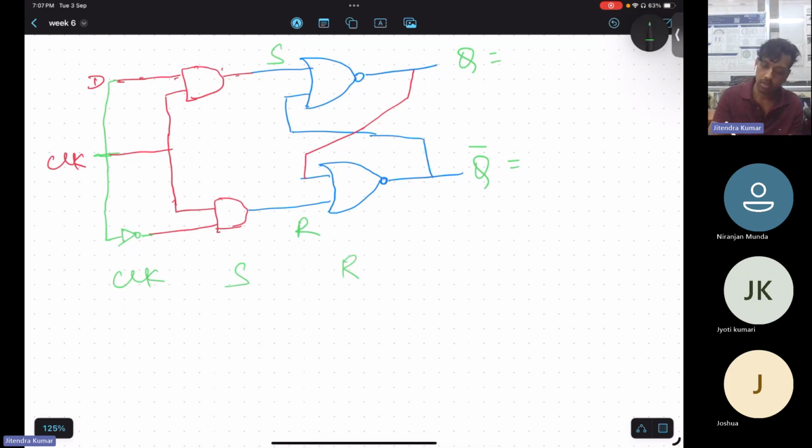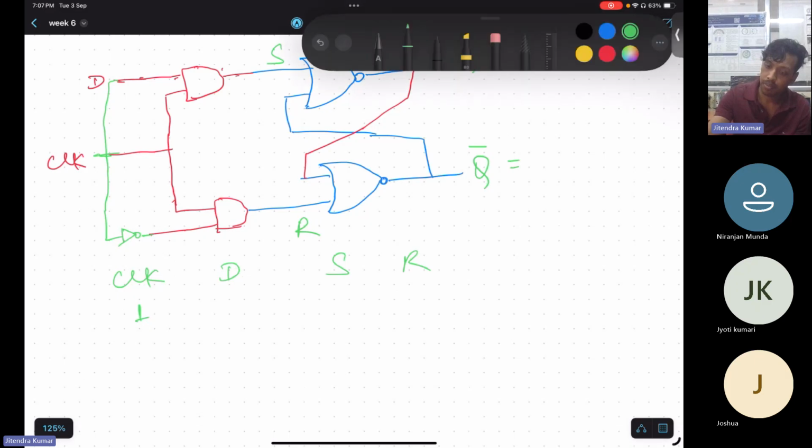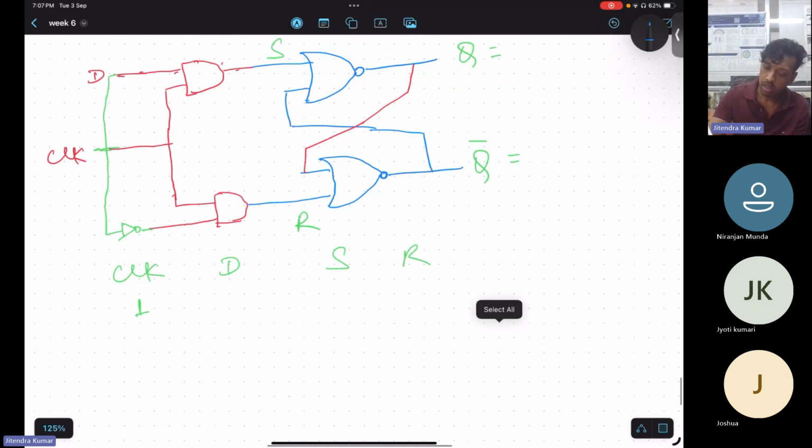Okay. Now, if you provide clock, and S and R, if your clock is 1 and your D is there, S and R are there. So this S is nothing but D. If clock is 1, S is D and R is D bar, isn't it? I hope it is fine till now.